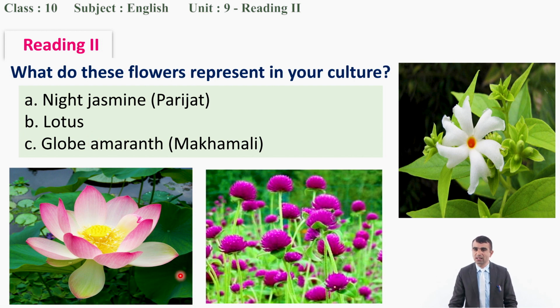What does it indicate? It generally blossoms, it comes out of mud and water, and coming from the mud means coming out of the dark. So it represents beauty and rebirth from darkness to light.